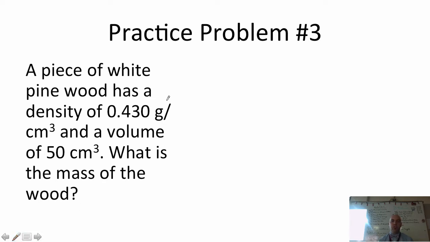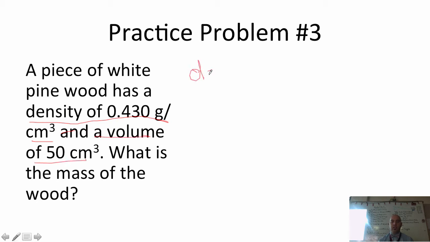All right, so first thing, what do we know? Melody, I'm going to pick on you. What do we know? We already know density and we know volume. Good, so we've got density and we also have volume.